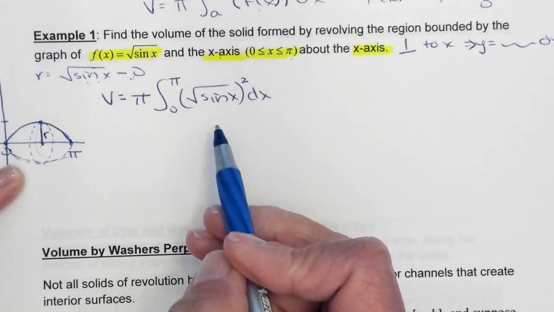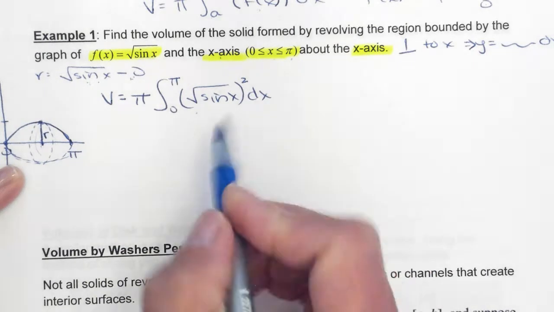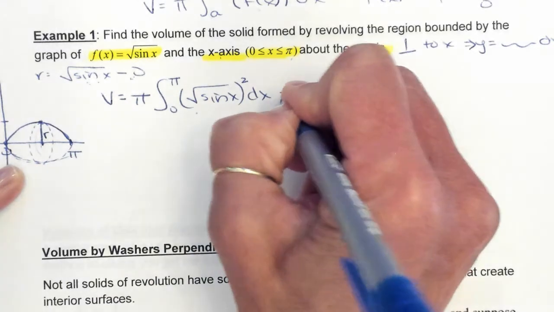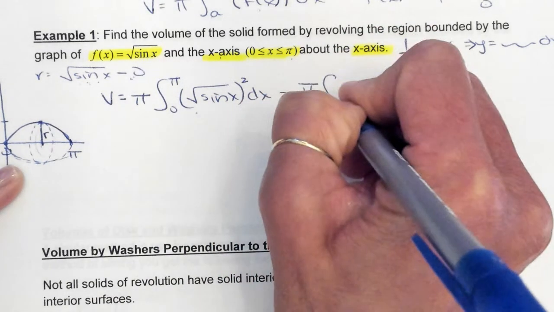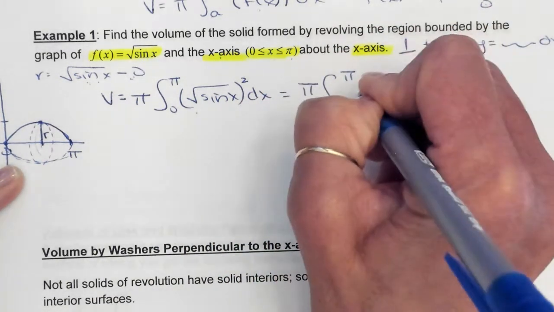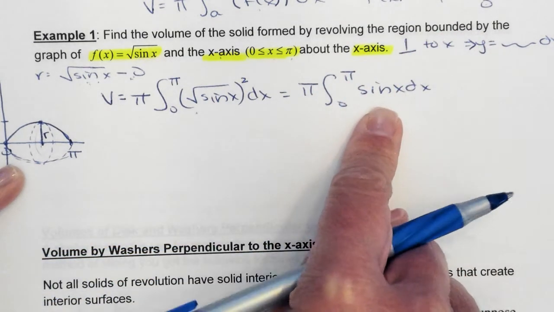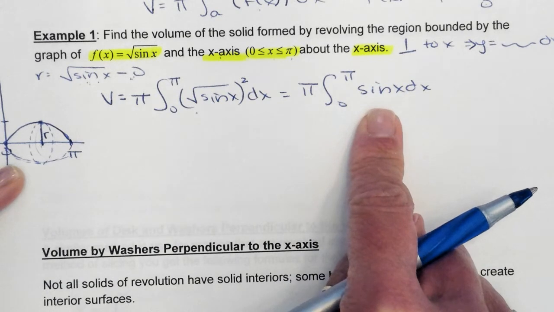So in this case, we should be able to do this without a calculator. The square root of sine of x squared is just the sine of x, so this is equal to pi times the integral from 0 to pi of the sine of x dx. So when we integrate this, we end up with negative cosine.